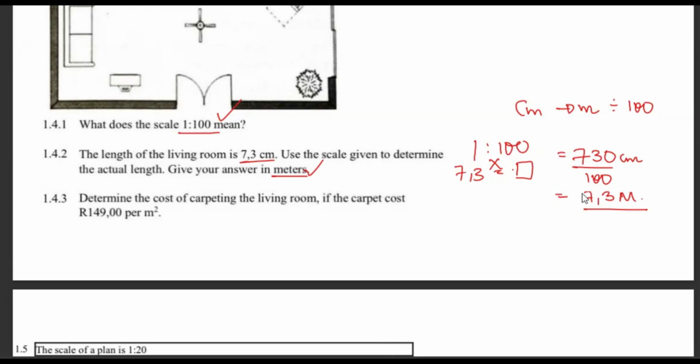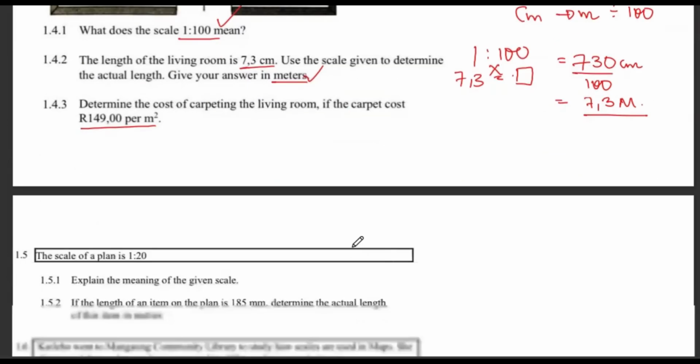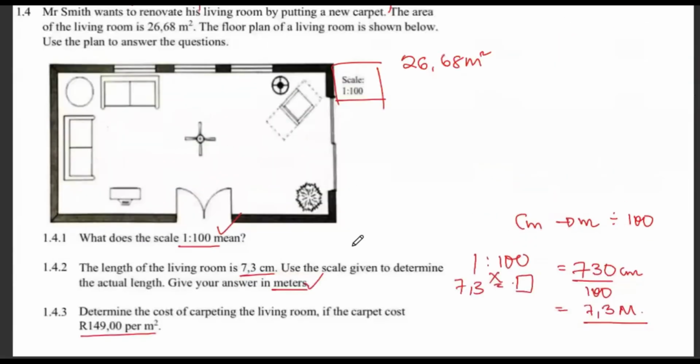Determine the cost of carpeting the living room if the carpet costs 149 per meter squared. Before you look for it, do you know the length or the area? The area of the living room is already given up there. You check it here.